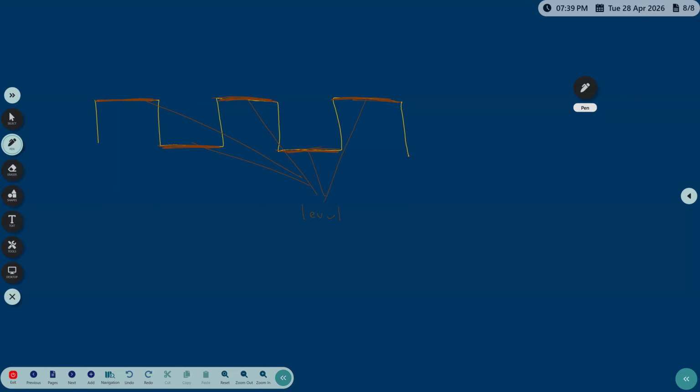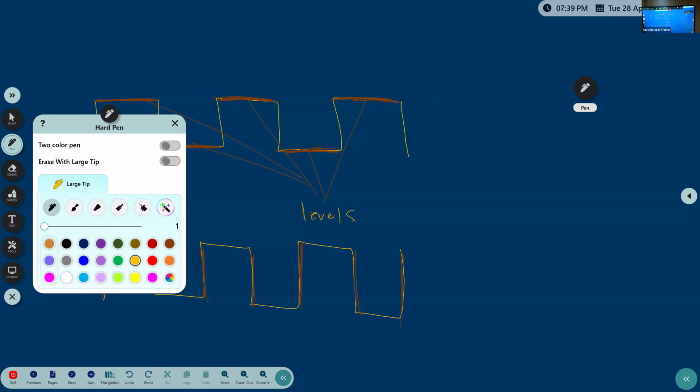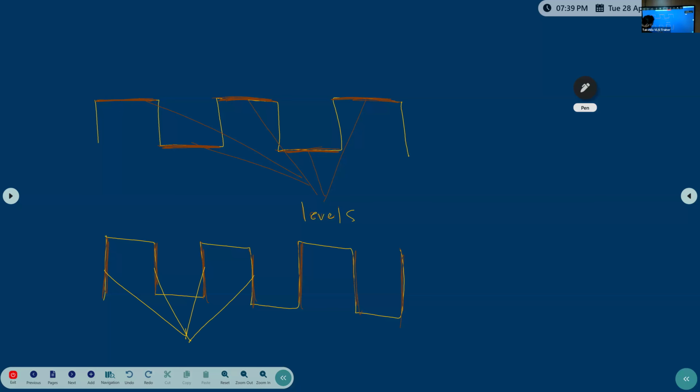I think it is not visible, let me write it. In the same way, the clock period will have edges. These are all called the edges.